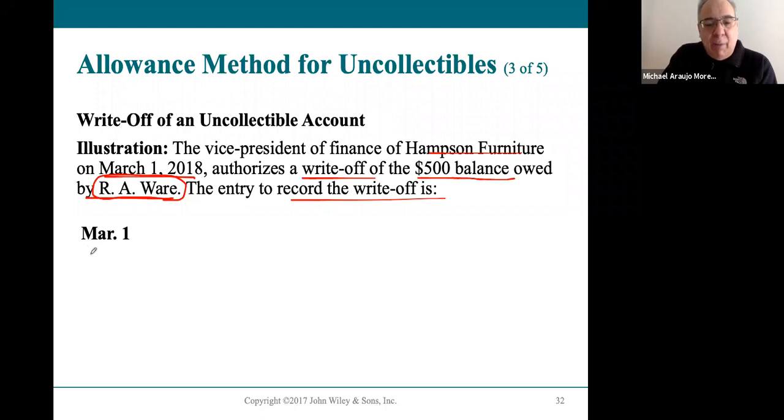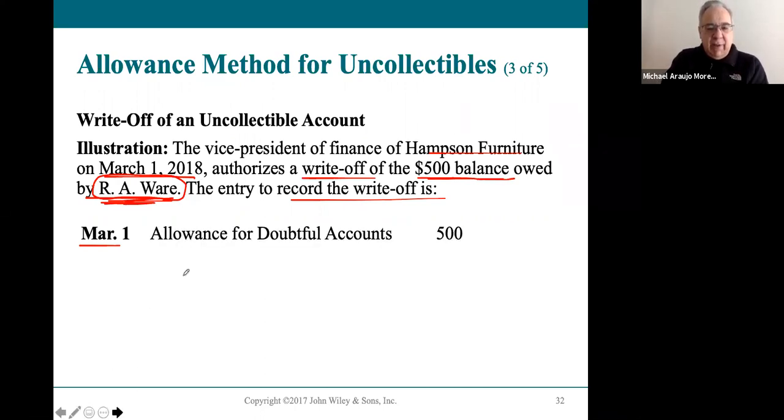Well, again, on March the 1st is when they've identified this person in this account as bad. So they can't use the bad debt expense because they already did that. But they can use that allowance account to take Ra Ware's balance off of their books. And that's what they do.